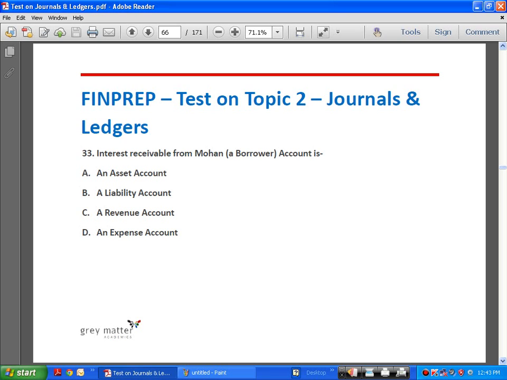Here, the business has lent money to Mohan, who is the borrower, and Mohan has to pay interest to the business, which means the loan that the business has given is first of all an asset to the business, because of the loan that it has given, it is going to earn interest. And this interest is still due to the business from Mohan, and hence the account that records the interest receivable from Mohan is an asset account.